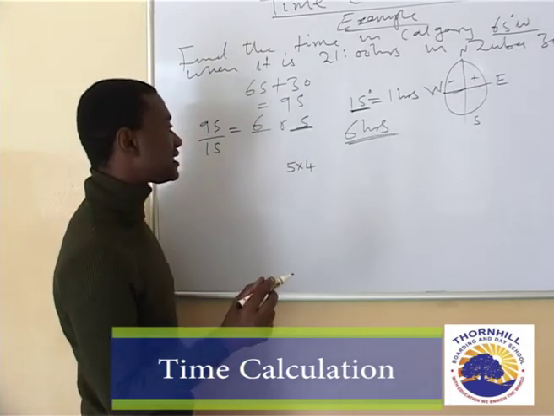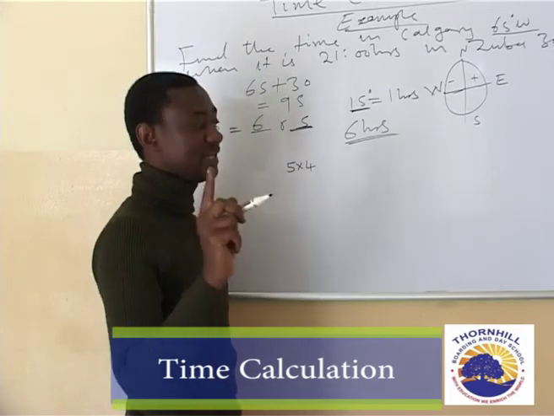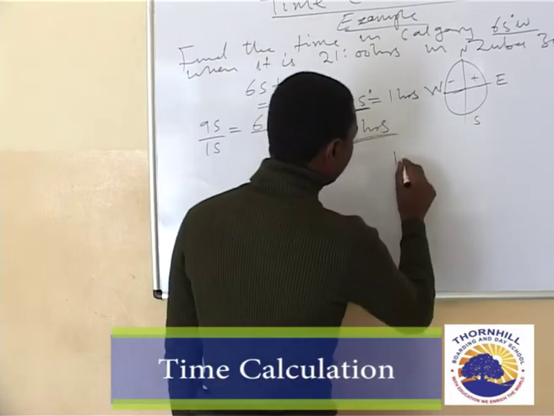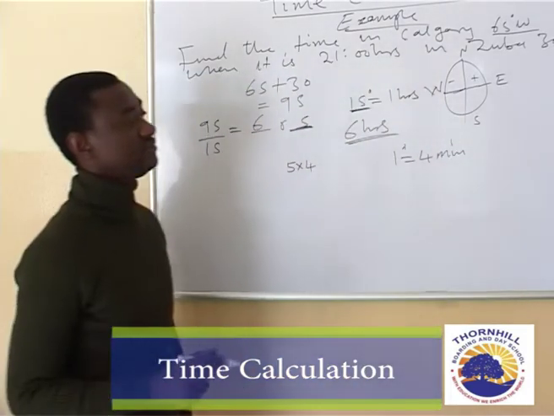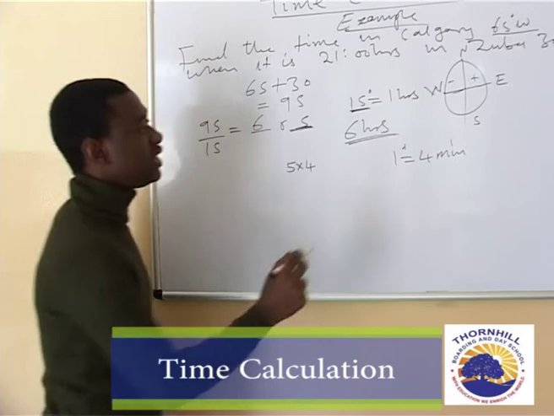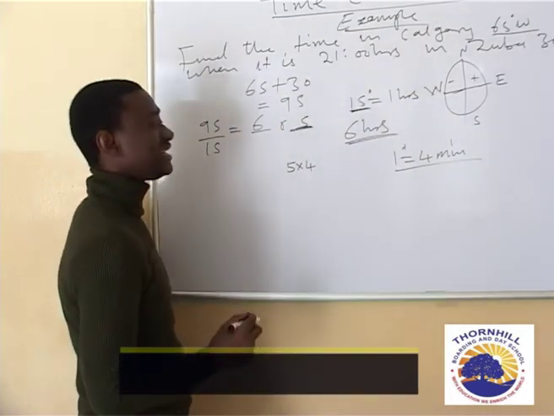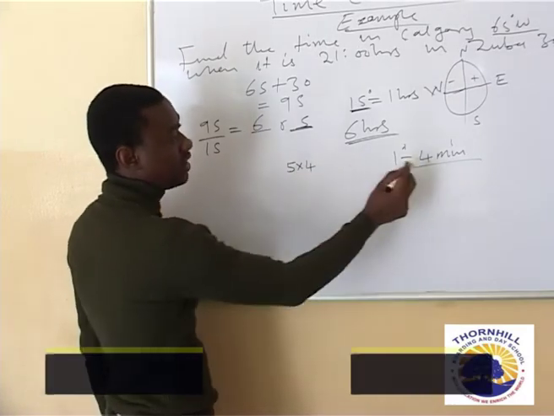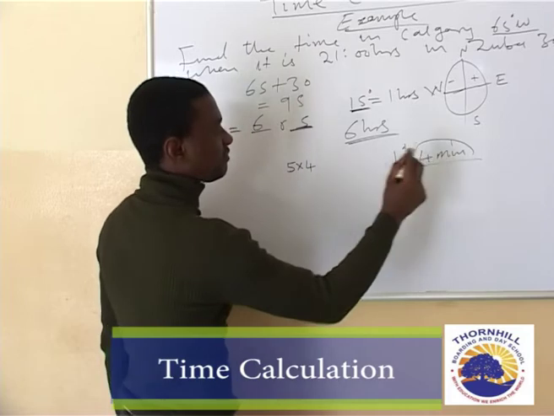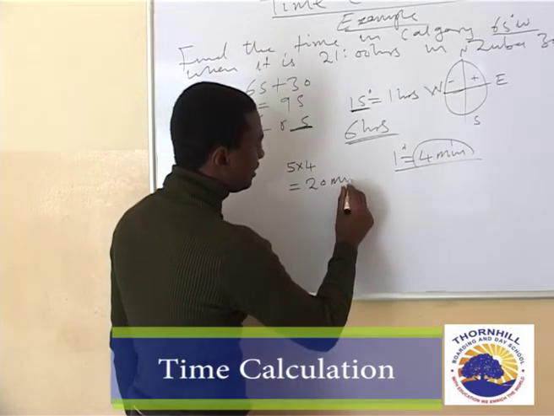Therefore, 1 degree is equal to 4 minutes. So the time difference will be 5 times 4, which gives 20 minutes.